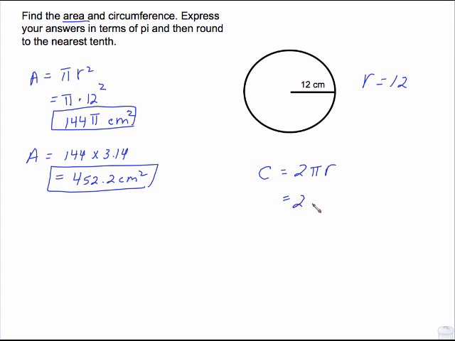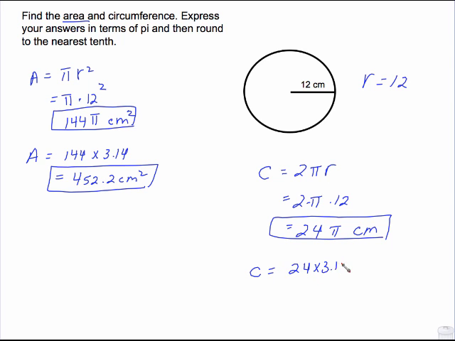So this is 2 times pi times a radius of 12 makes 24 pi. We're back to circumference, plain old linear units, centimeters. Now to round that off to tenths, I need to do 24 times 3.14, or use the pi button on the calculator, and that will be 75.4 centimeters.